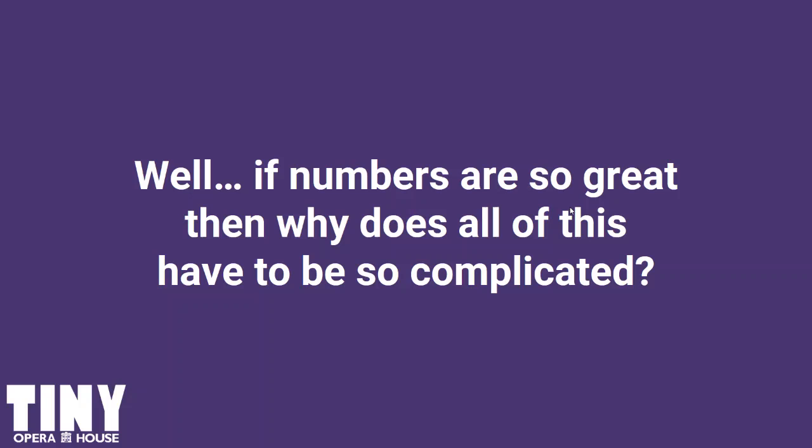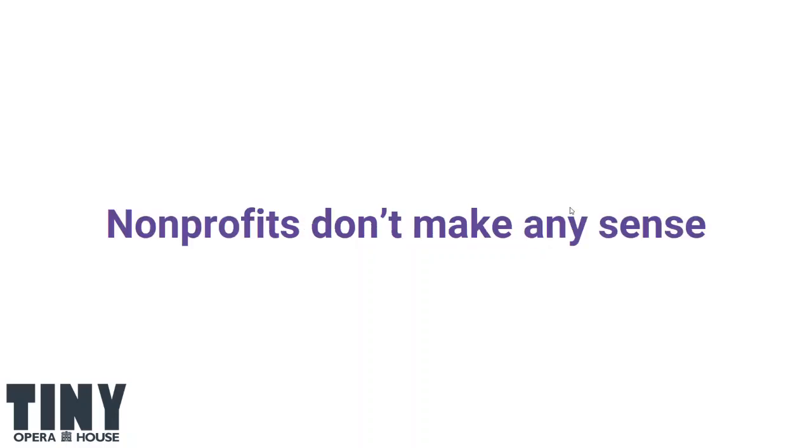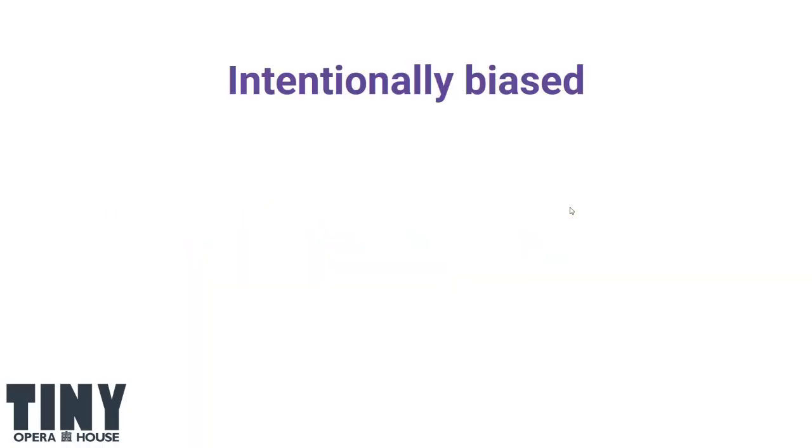So, if numbers are so great, why does all of this financial reporting world have to be so complicated? A lot of this stems from, and if you keep joining us for the rest of the presentation, I'll at least acknowledge when I'm going to do a little soapbox thing. The nonprofit sector is hard from a numbers perspective because as an organizational structure, it kind of doesn't make a lot of sense.